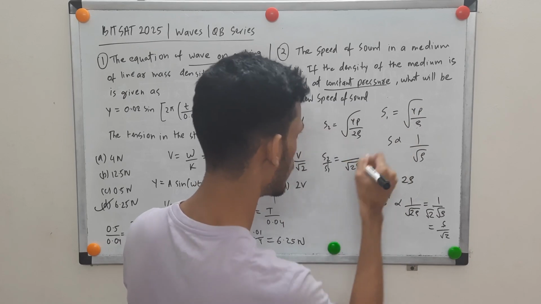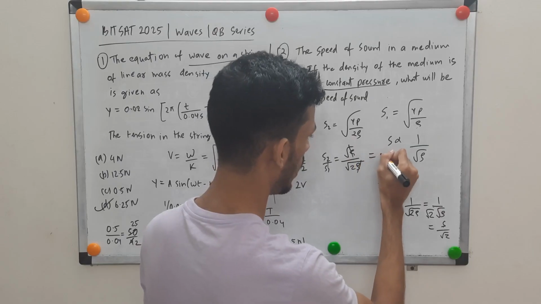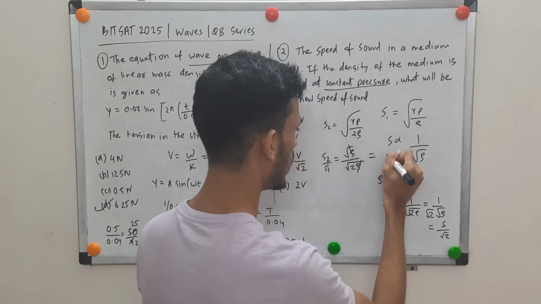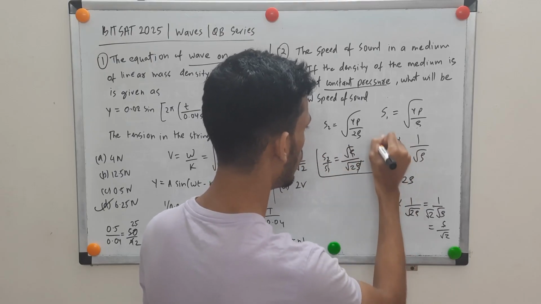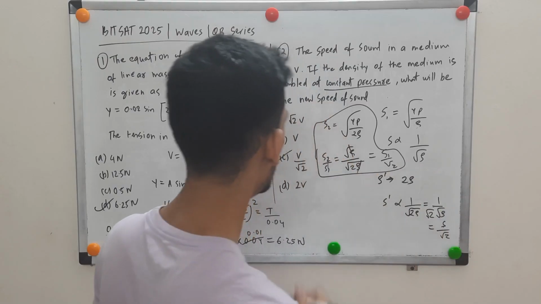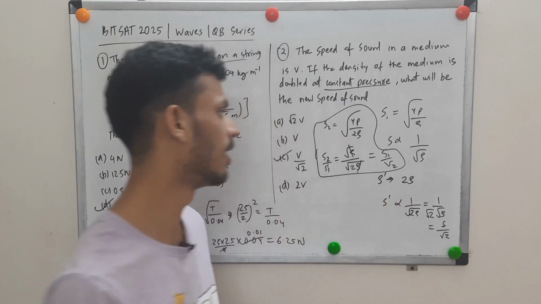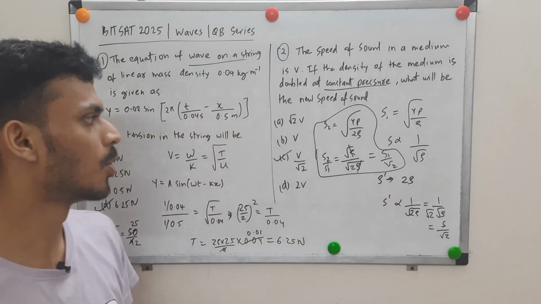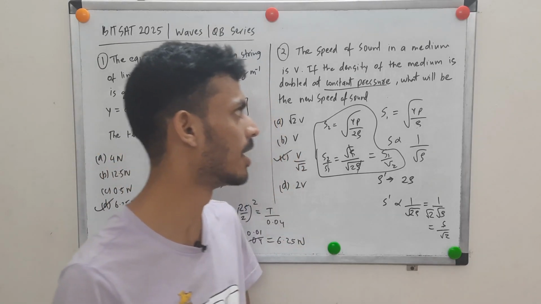So for this inverse relation, this will come on top, rho and rho get cancelled and you are left with, so s1 can go on the other side, so s1 by root 2, right? So if you are confused by this direct proportionality method, you can take the ratio, right? So you do the math and you get the answer as proportional to the original speed by root 2. Okay, so that is the answer over here.